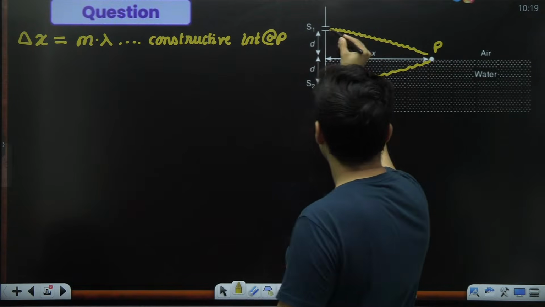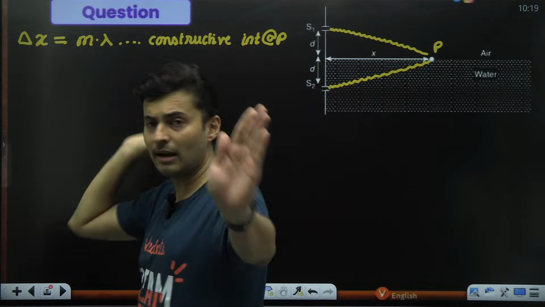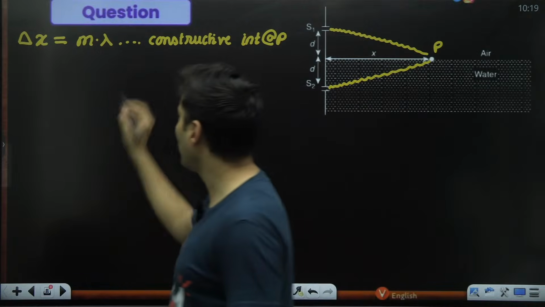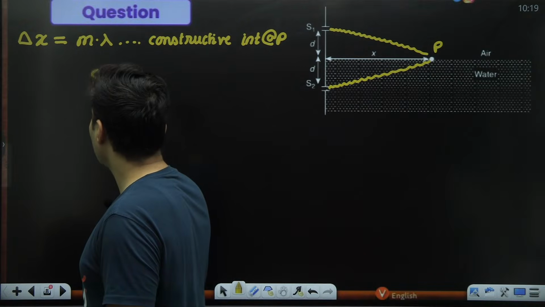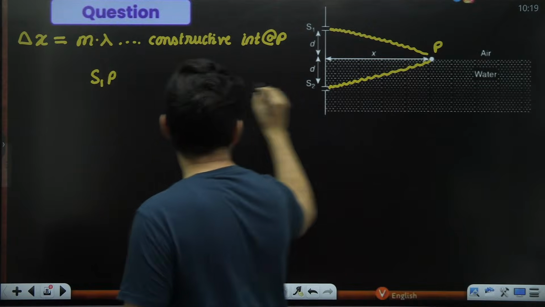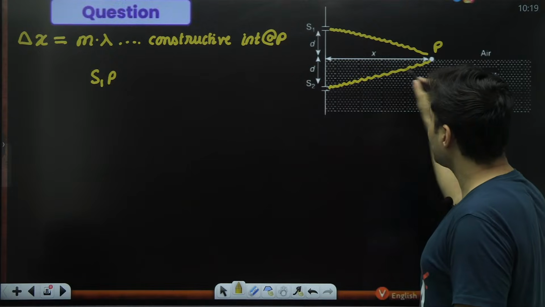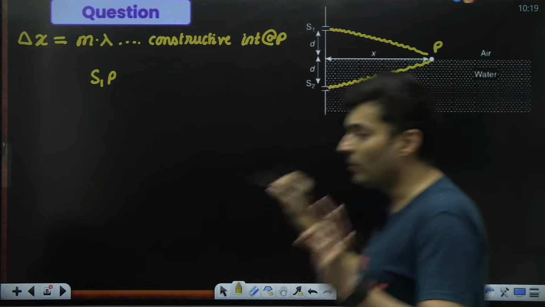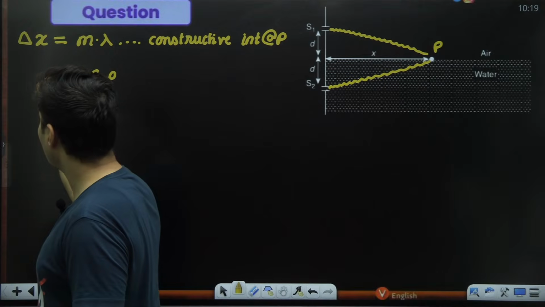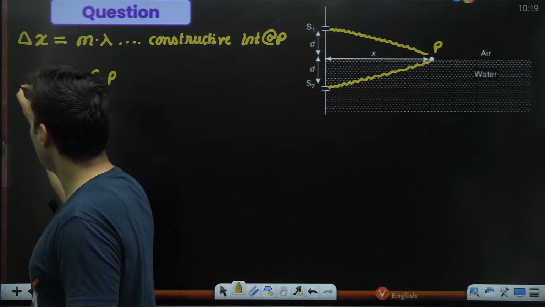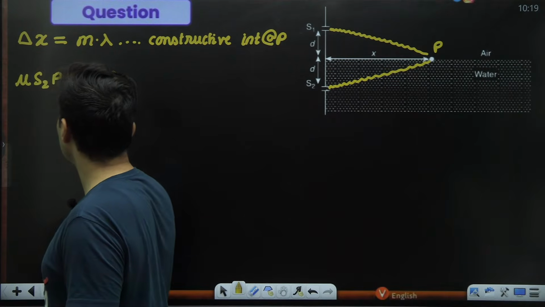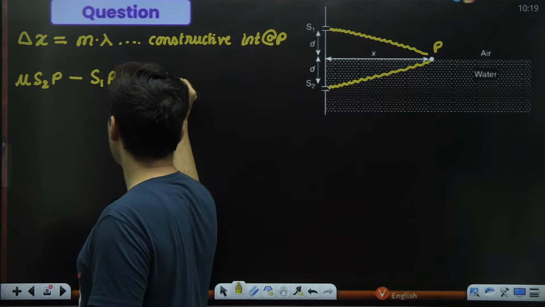This ray S1 to P is directly traveling through air, so the optical path length is just S1P. But this ray traveling from slit 2 is traveling through water. So the optical path length will be whatever the distance S2P is, multiplied by mu. That gives you the path difference, which is equal to m lambda.